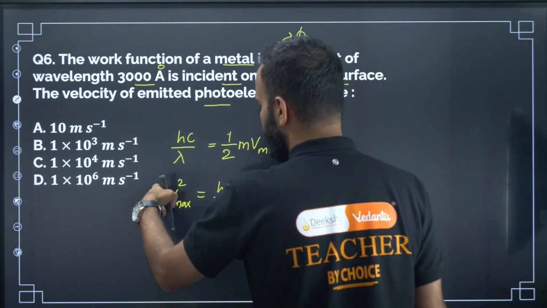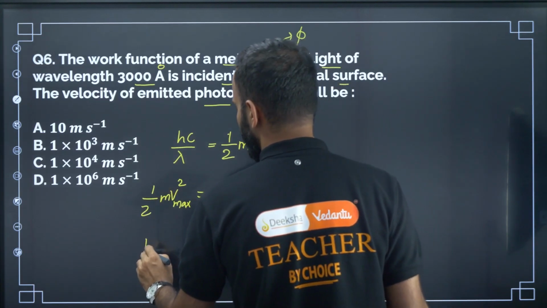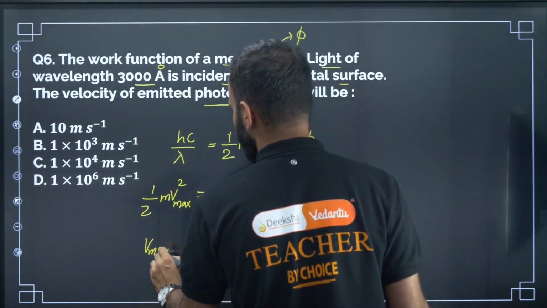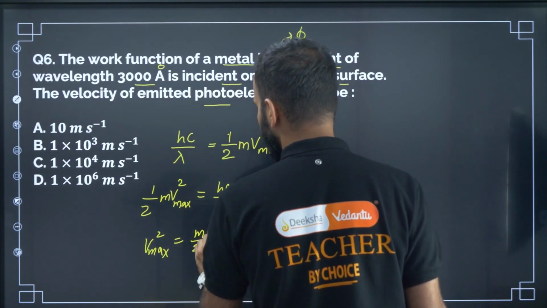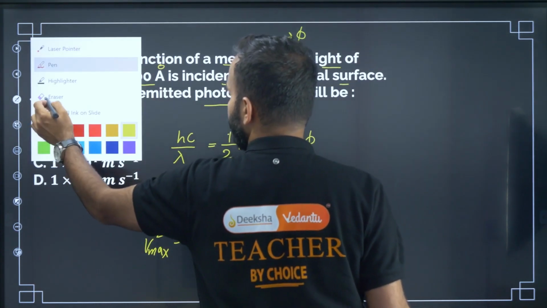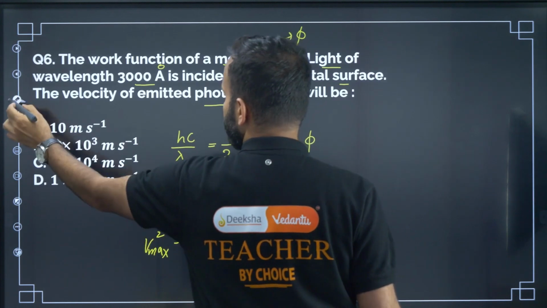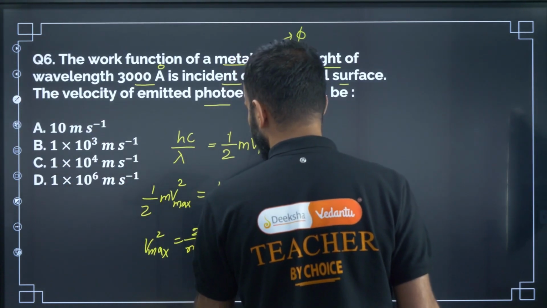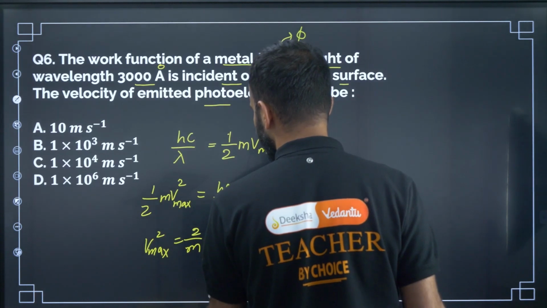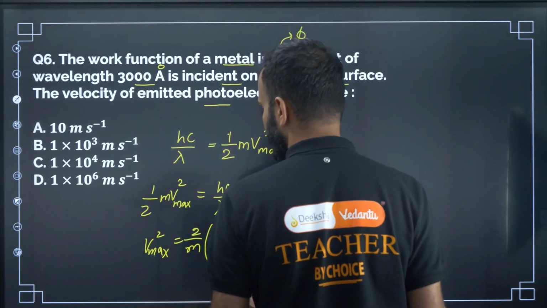Before that, take half m to the other side. V max squared is equal to 2 divided by m into hc by lambda minus phi, right?